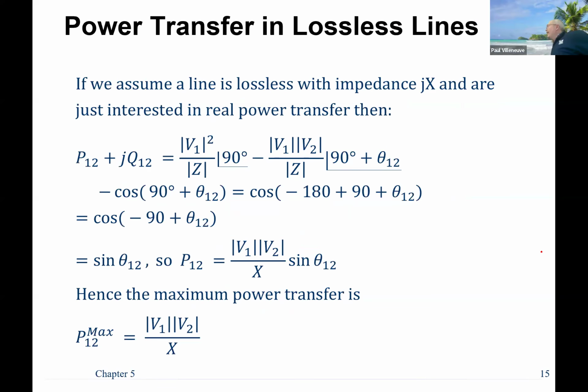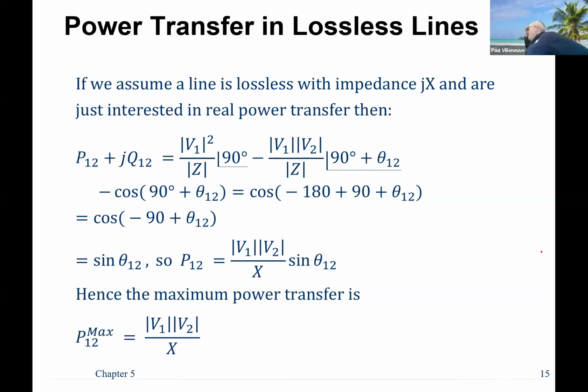So what about for a lossless line? So if we plug in for a lossless line, now we know that the theta Z, right? That's the theta 1, 2. What's the angle if it's a lossless line? 90 degrees, right? Because there's no R value. So if I take the inverse tan of something that is X over 0, you're going to get infinity.